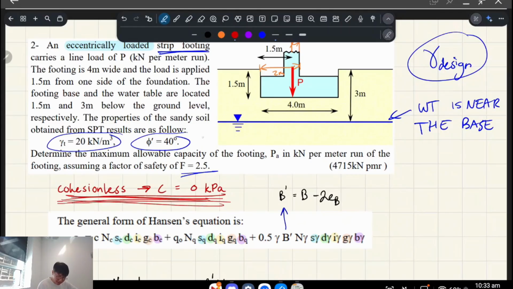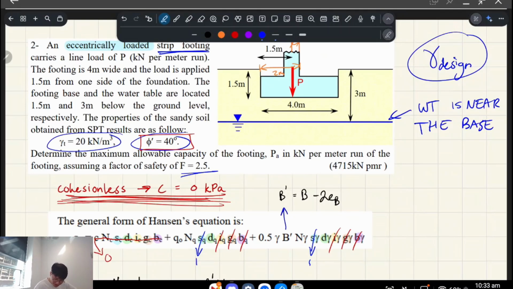In other words, C is not provided because it's a sand basically. So this whole portion gets cancelled out and becomes 0, right? And then we can also cancel out the shape factor because we have a strip footing. And we can also cancel out I, G, and B.